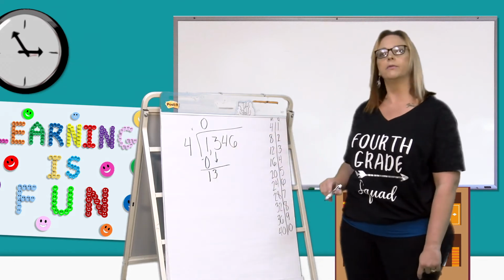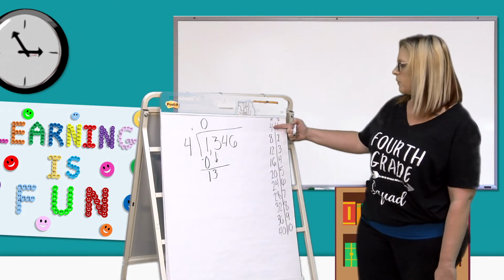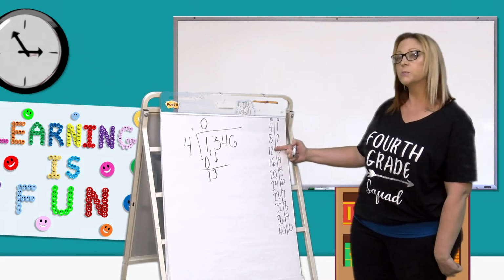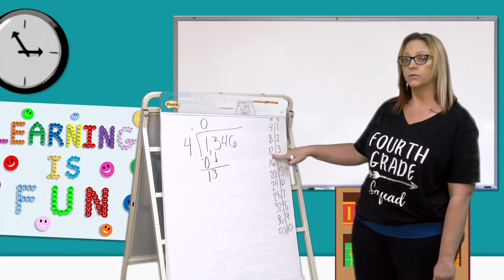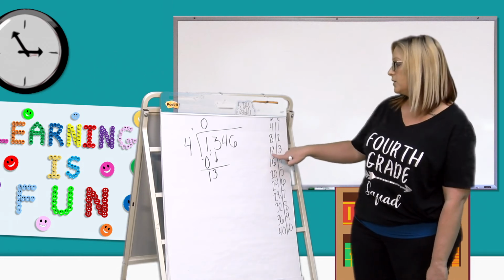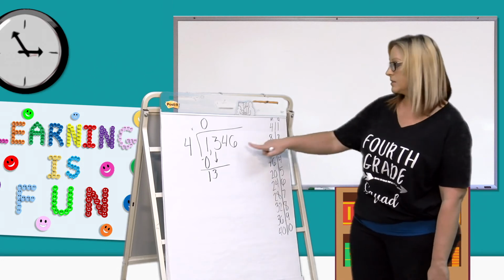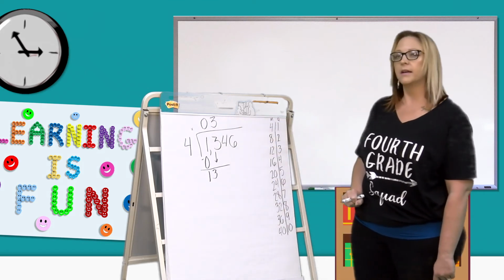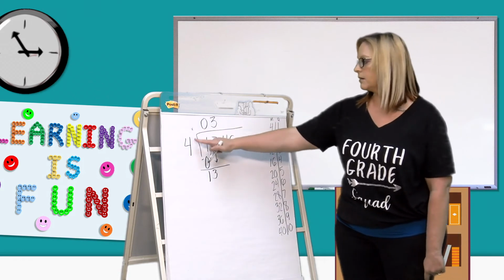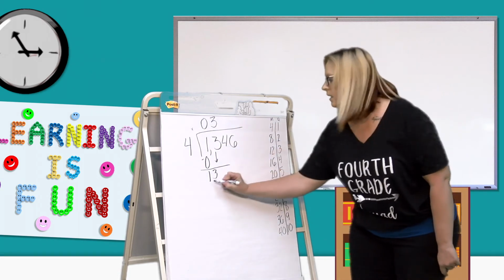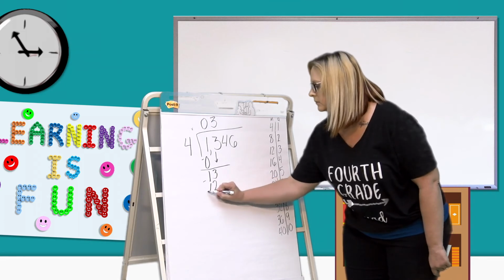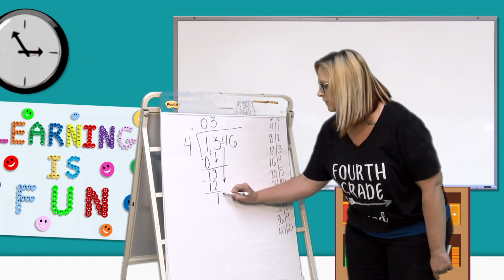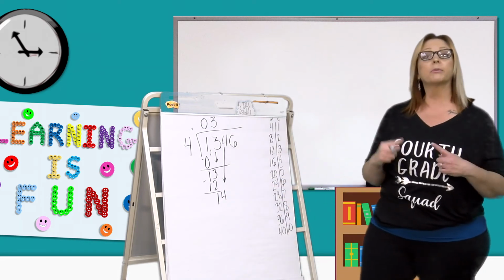I want to look here: 4, 8, 12, 16. The closest multiple to 13 is my 12. 4 can go into 12 3 times. So directly above it in my quotient, I'm going to write a 3. 3 times 4 gives me a multiple of 12. Subtract those, and now we work with the next digit in our dividend. And we start that process all over again.